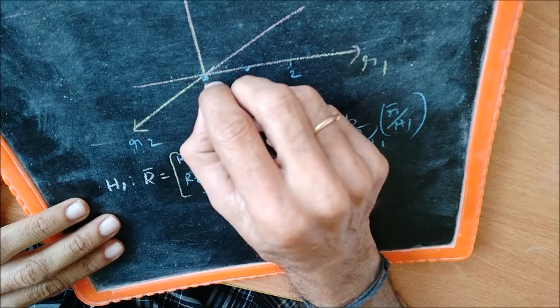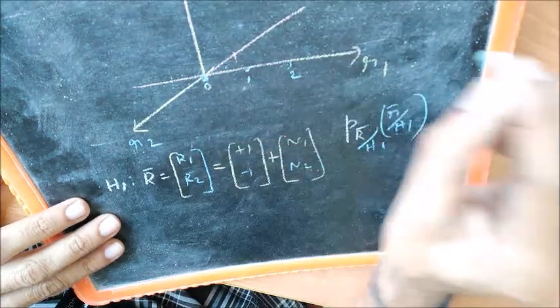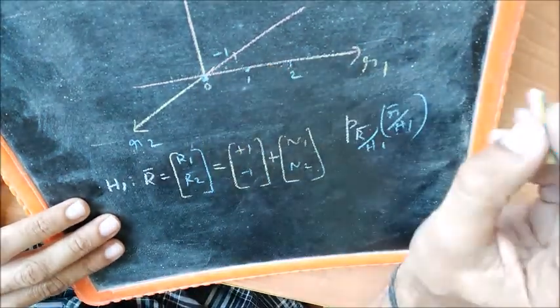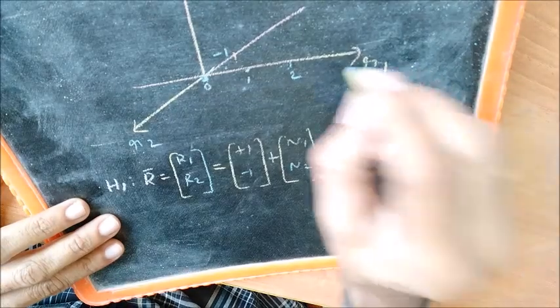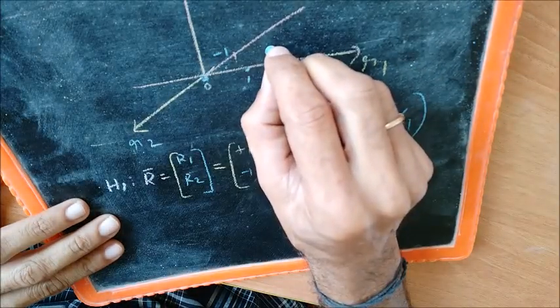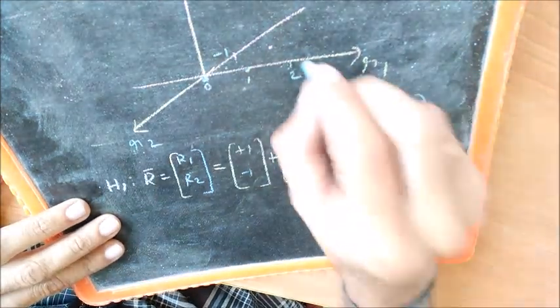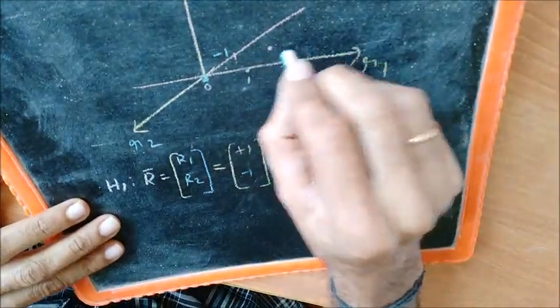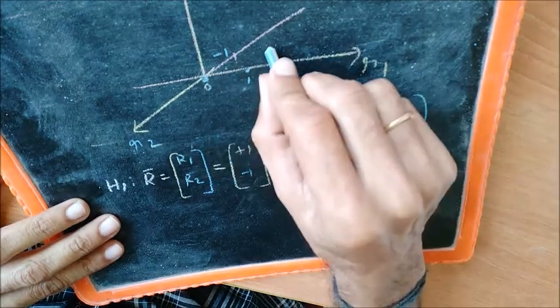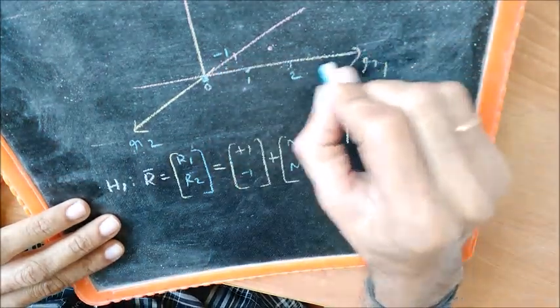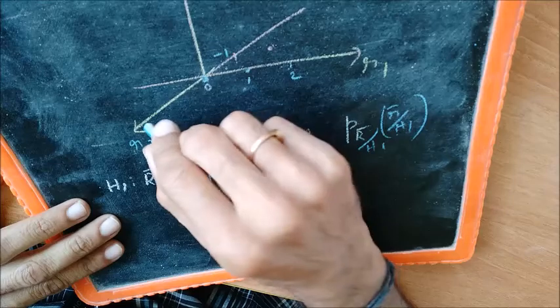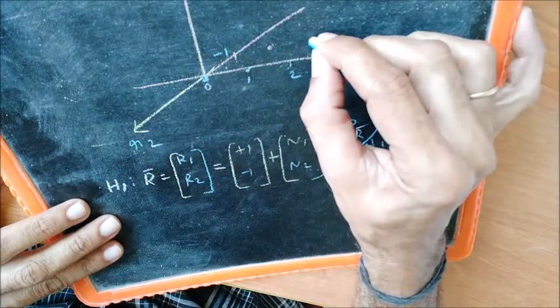Similarly, R2 minus 1, R1 is 1. So you can see this point is R1 1, R2 minus 1. R1 is 2, R2 minus 1.